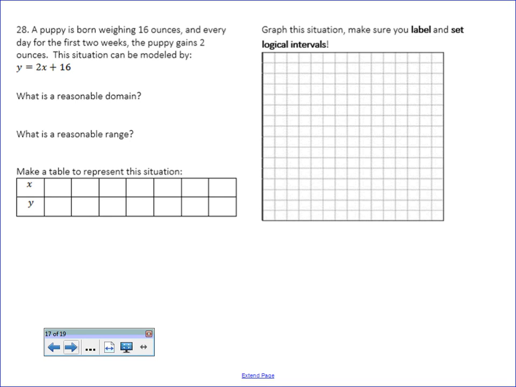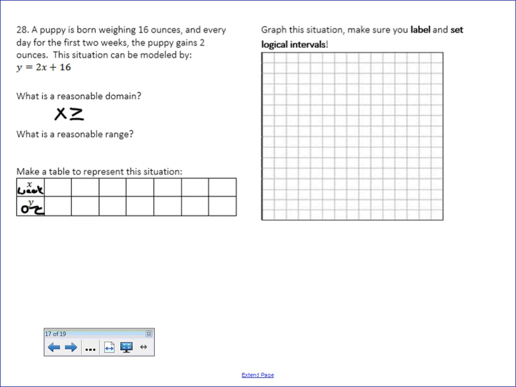X is the weeks the puppy's alive, and Y is the puppy's weight in ounces. So the domain is, a reasonable domain is, it has to be greater than or equal to 0. Your pet can't be negative weight.